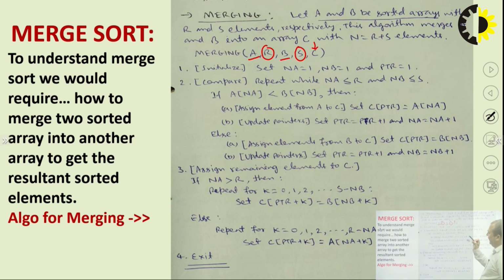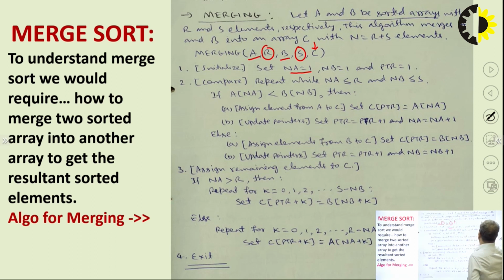The first element of array A is compared with the first element of B, and the element which is less will be put into C. Again, the same process will be adopted. So see the process. First we initialize NA equal to 1 just for marking the first element of the array. So we put NA equal to 1.